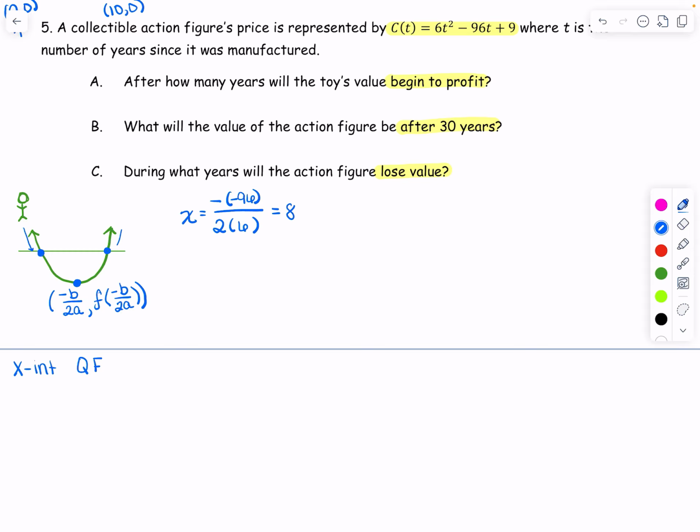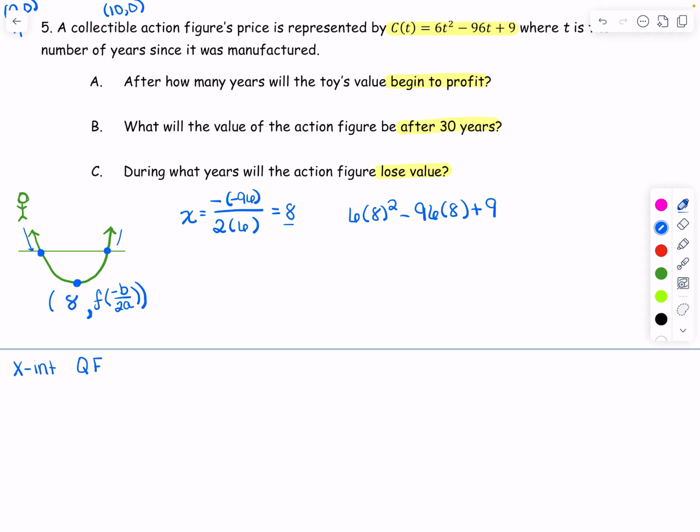So the x value of the vertex is 8. Now to find the y value of the vertex, we put 8 back into the equation. So we have 6 times 8 squared minus 96 times 8 plus 9.